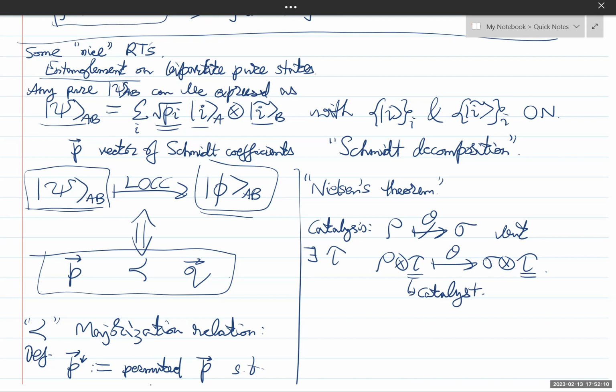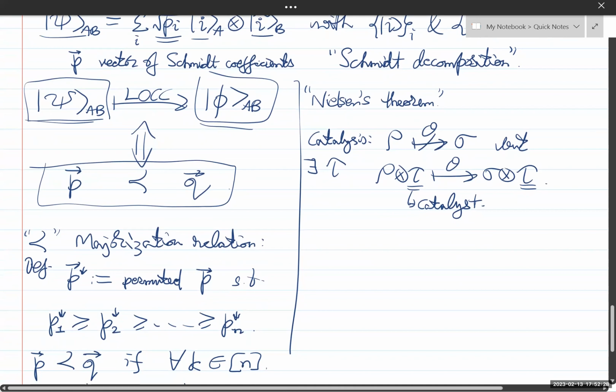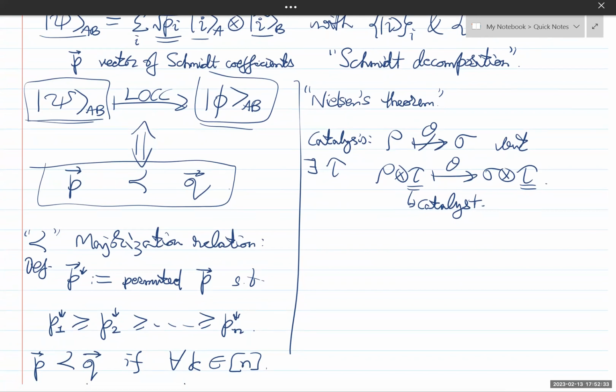And in the future, maybe I'll talk about catalysis in resource theories, but because somehow entanglement can be related to majorization, a lot of known results about majorization, including stuff about catalytic majorization, can be imported to learn about corresponding things in entanglement theory, right?